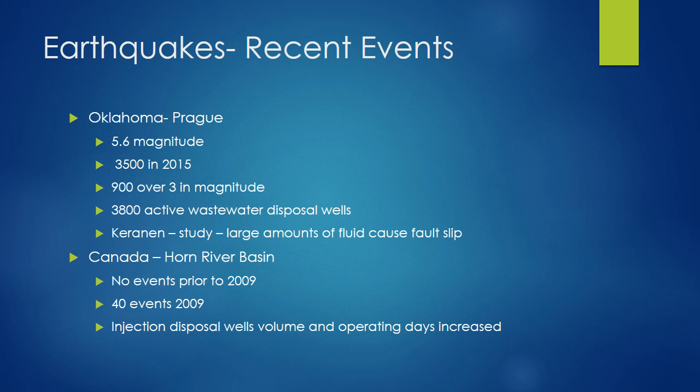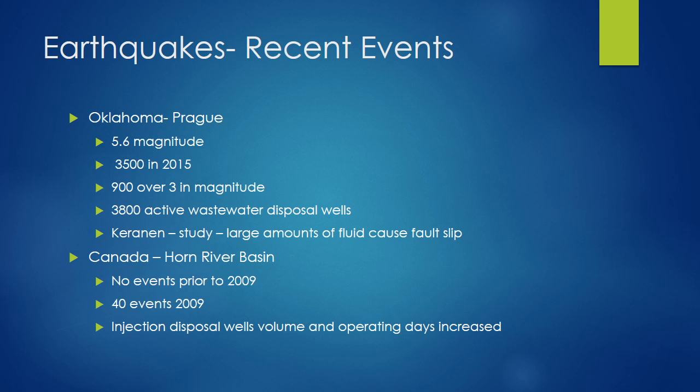In Prague, Oklahoma, they experienced an increase in seismic activity in recent years. There was a 5.6 magnitude earthquake, and that was felt as far away as Chicago. Currently, there are 3,800 wastewater disposal wells, and there have been over 3,500 earthquakes since 2005.